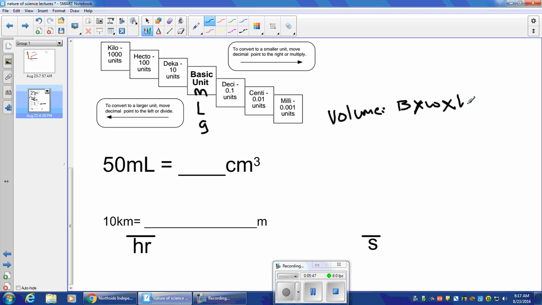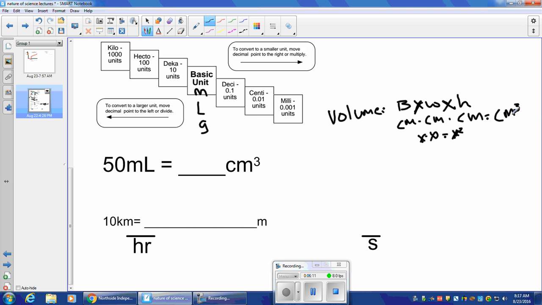So if you were measuring it all in centimeters, you'd have centimeters times centimeters times centimeters. These are all lengths, right? Even though they're called base, width, and height. Just like x times x would be x squared, centimeters times centimeters times centimeters would be centimeters cubed, okay? So actually, centimeters cubed is a unit of volume.